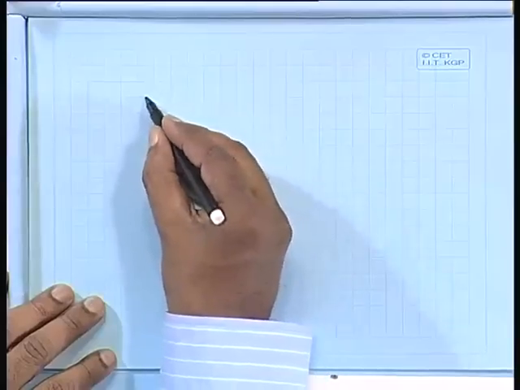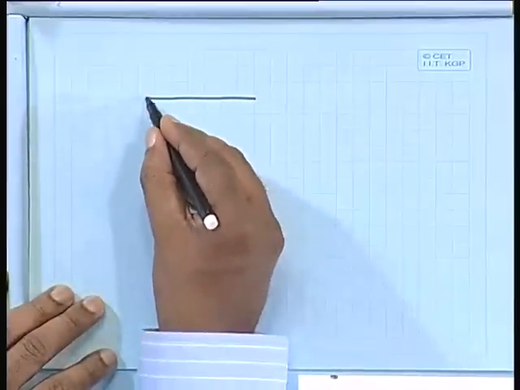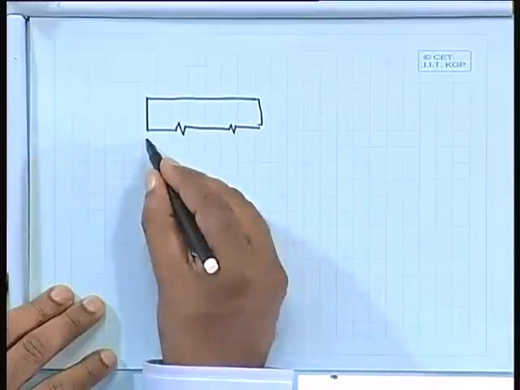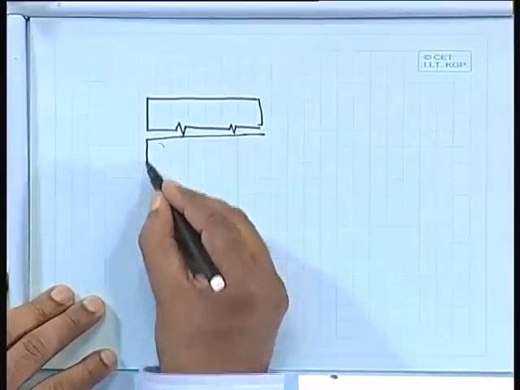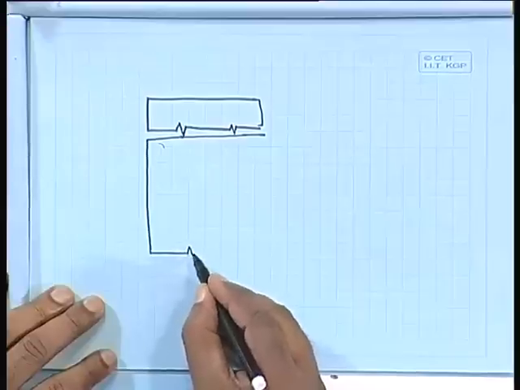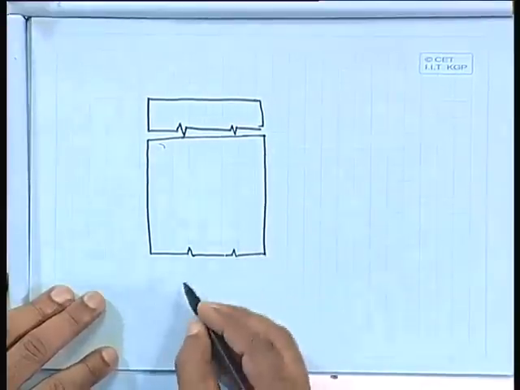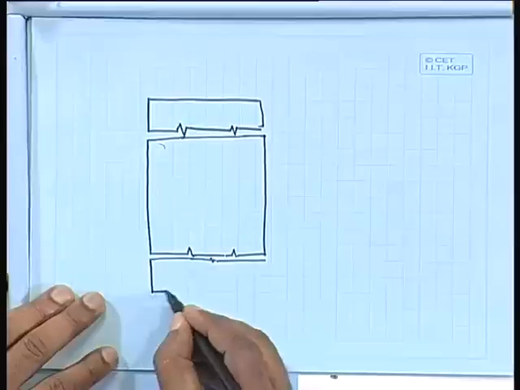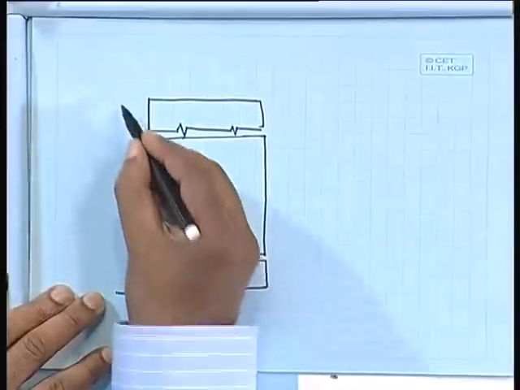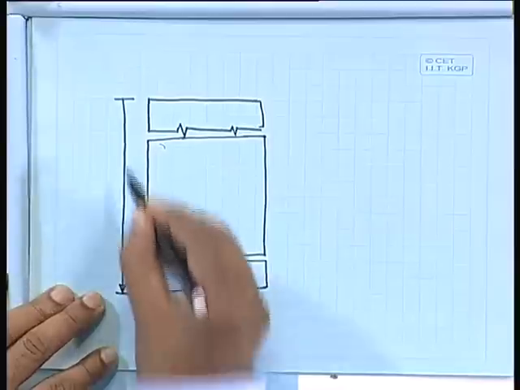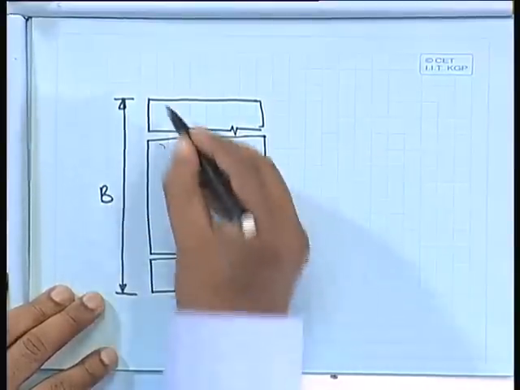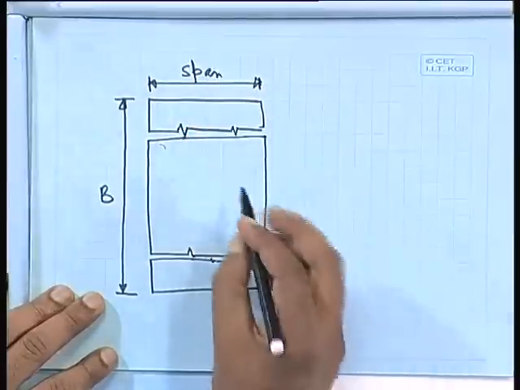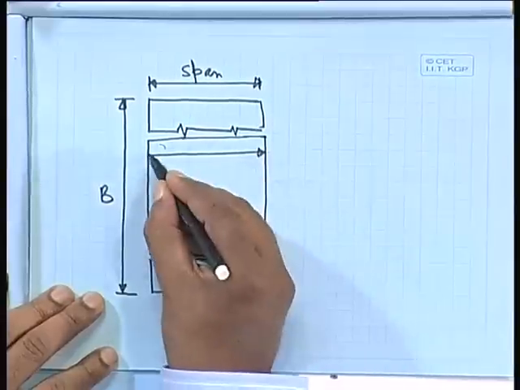So I can further write down, as a continuation. Let us say this length is B, and this is your span, let us say LE, the effective span.